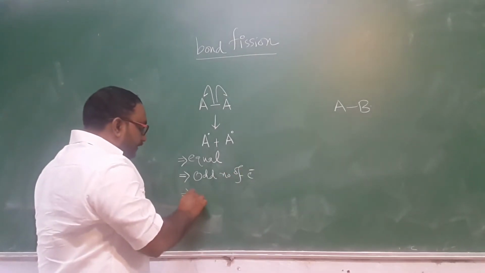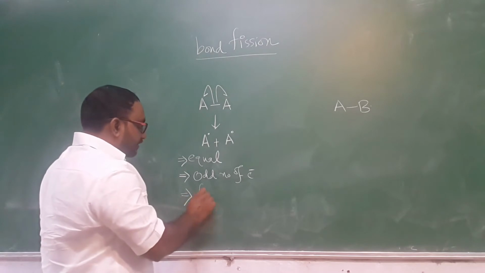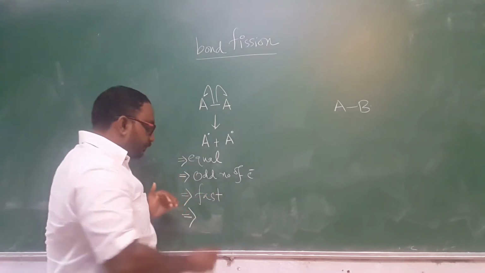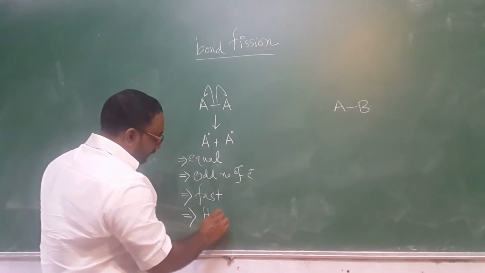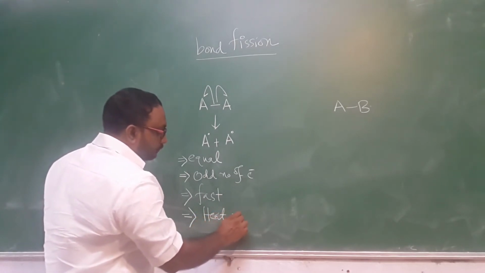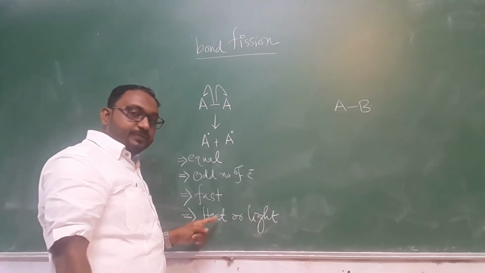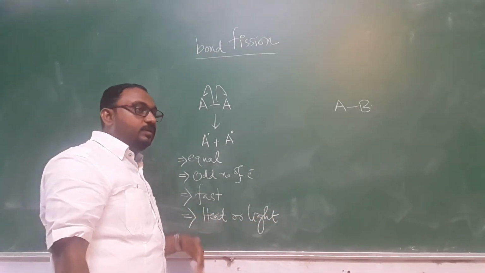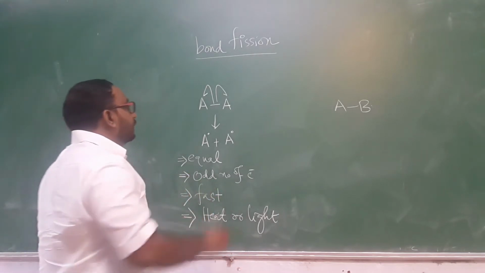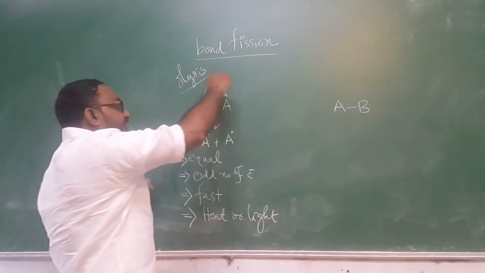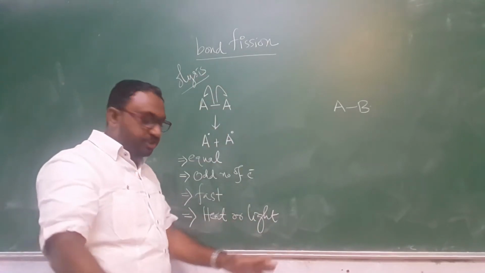We have found that the reaction happens quite fast, and it can happen in the presence of heat or light. If it is happening in the presence of heat, we call it thermolysis. The term lysis means breaking, fission.